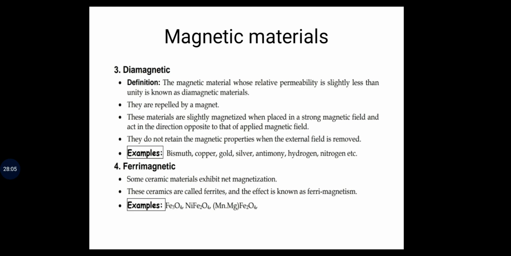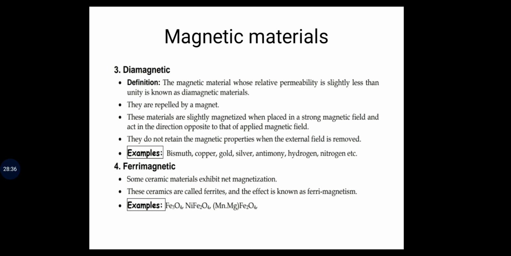Next we are discussing diamagnetic materials. What is meant by diamagnetic materials? The magnetic materials whose relative permeability is slightly less than unity are known as diamagnetic materials. They are repelled by the magnet.